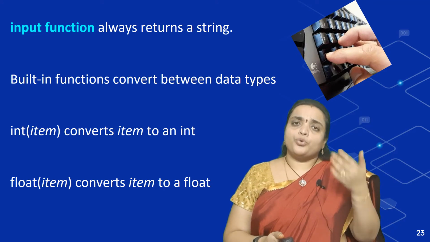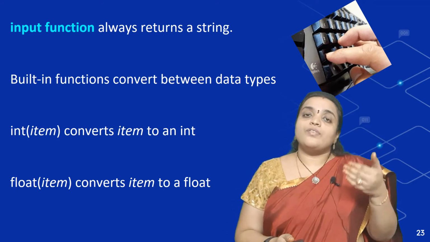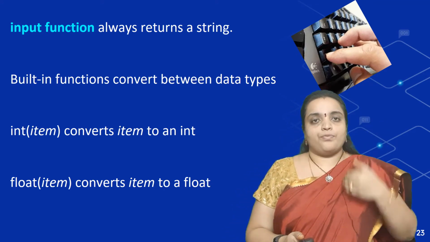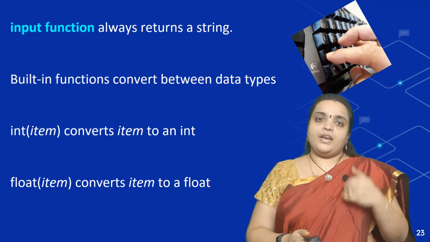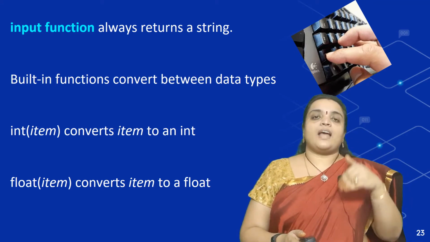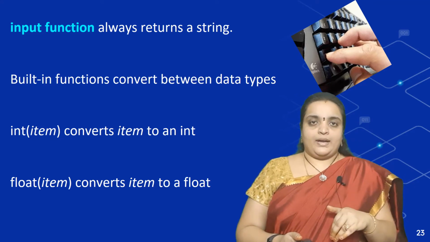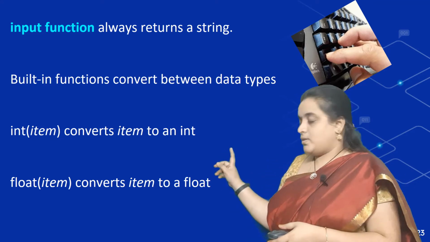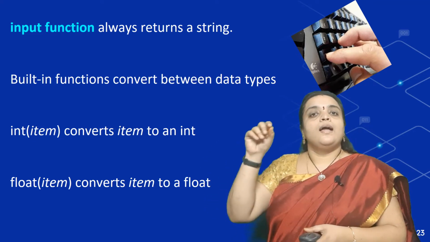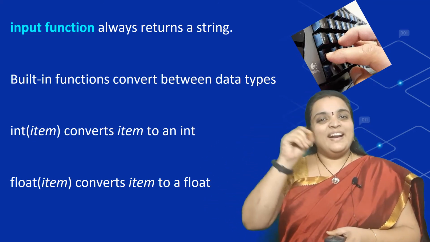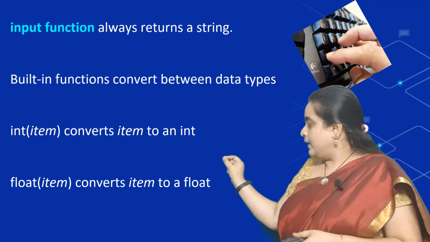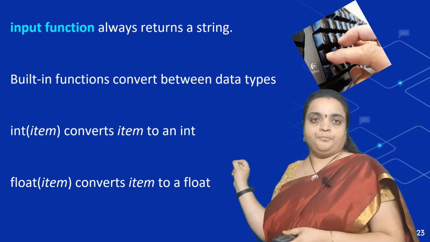As of now, I have told you, the input function always takes string type of data. If you want the variable to be another type of data, then we need to convert it into that data type. That will be converted like this. If you want to convert the input string to integer type of data, use int on the particular variable.